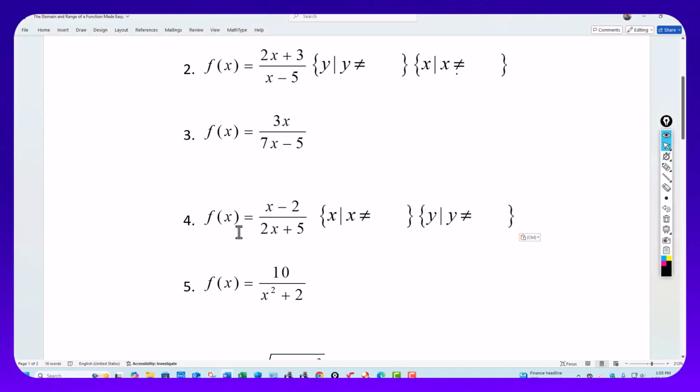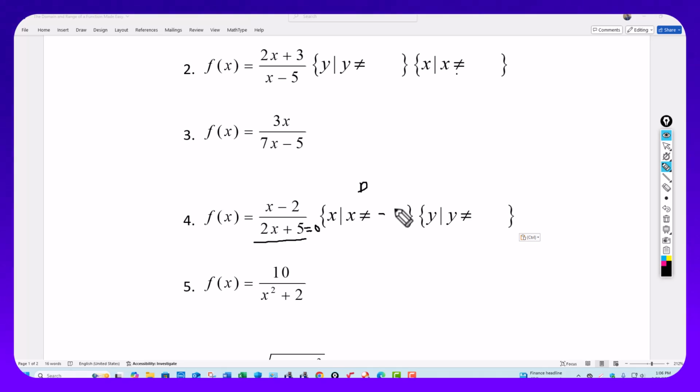Now for number 4, for the domain, look at the denominator. What number makes its denominator 0? That's the one we have to restrict. So you set this equal to 0, solve it for x. Bring the 5 over is minus 5 and then divided by 2.